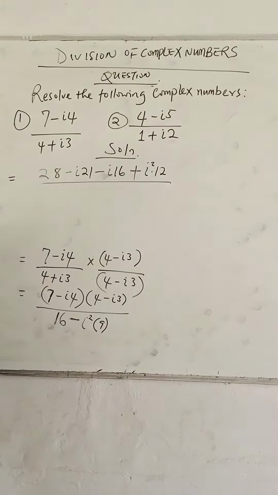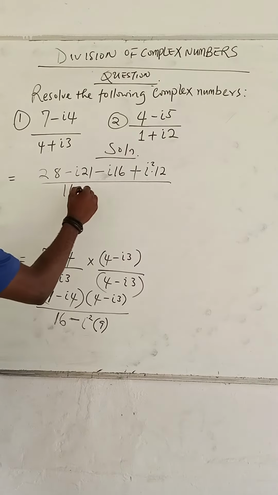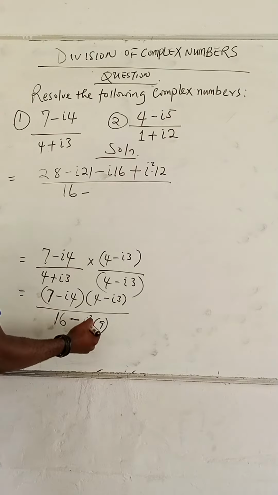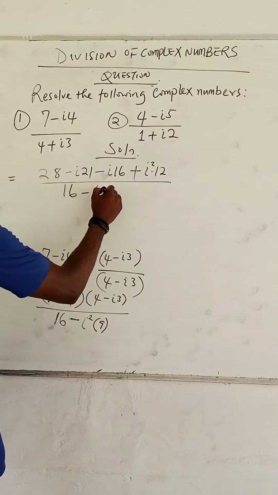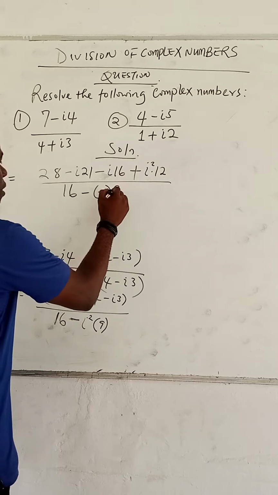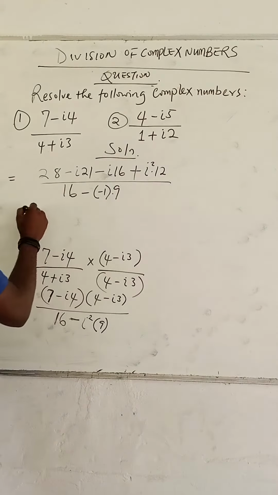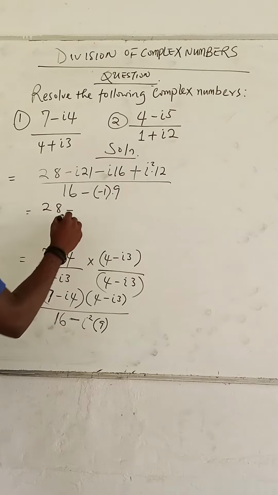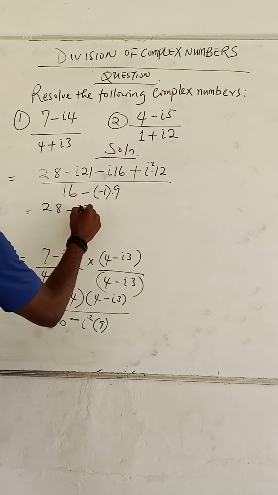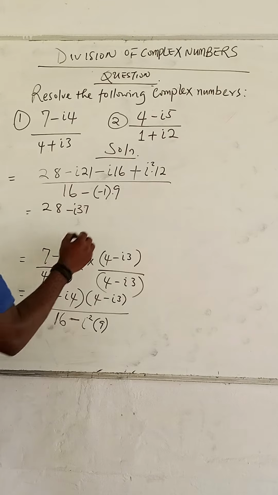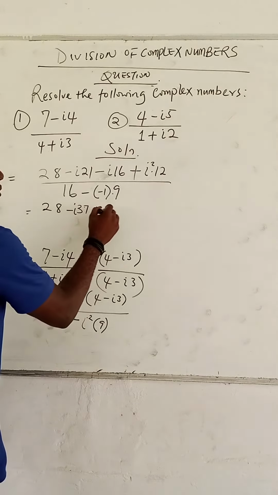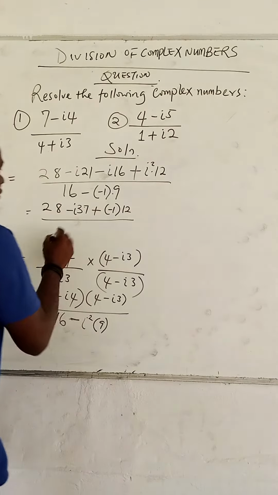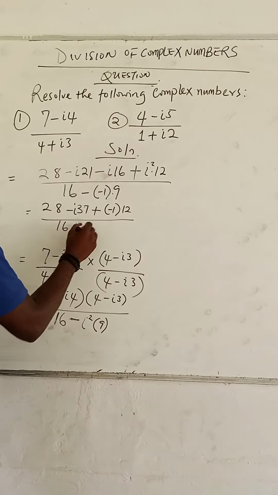All over 16 minus I squared 9, where I squared is minus 1. So this becomes 28 minus I37 plus minus 1 times 12, all over 16 plus 9.